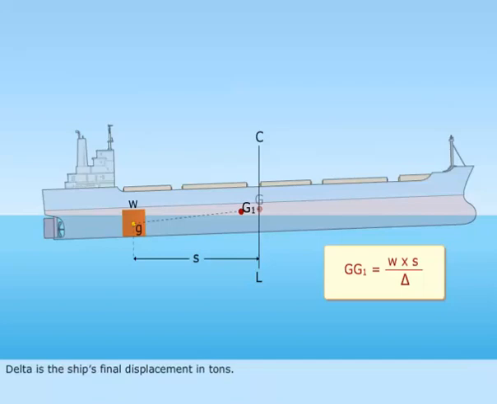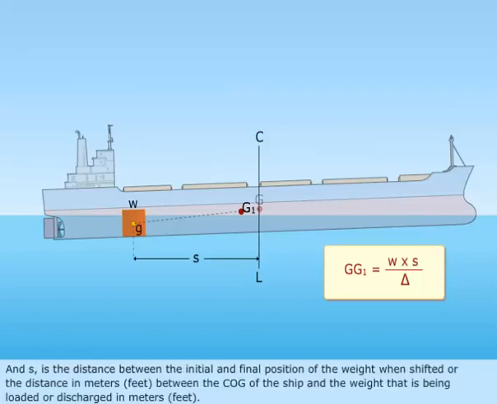Delta is the ship's final displacement in tons. And S is the distance between the initial and final position of the weight when shifted, or the distance in meters or feet between the COG of the ship and the weight that is being loaded or discharged.